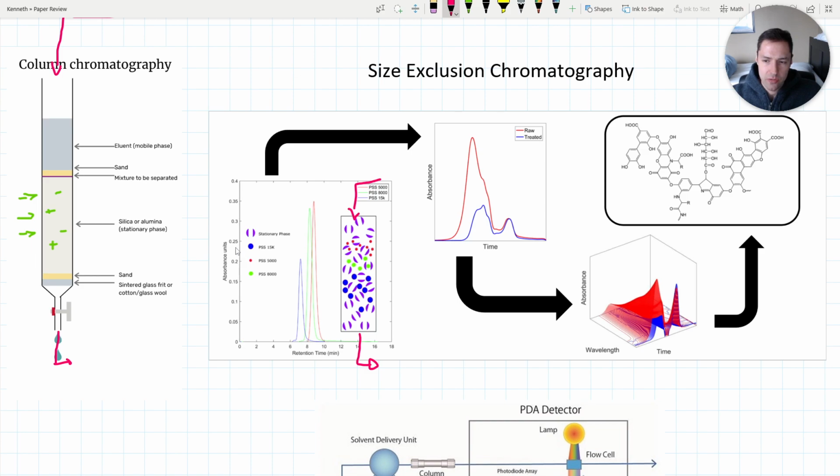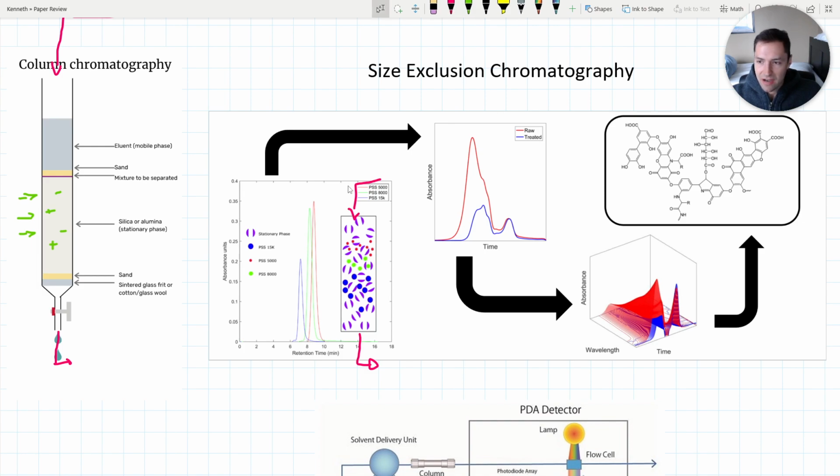In this example, we have three different standards: PSS 15K, PSS 5K, and PSS 8K, referring to Daltons. So depending on what your sample is, and depending on the stationary phase porosity and the size of those pores, what you'll find is that larger compounds elute sooner than smaller compounds. And that's because smaller compounds take longer to pass through the pores.